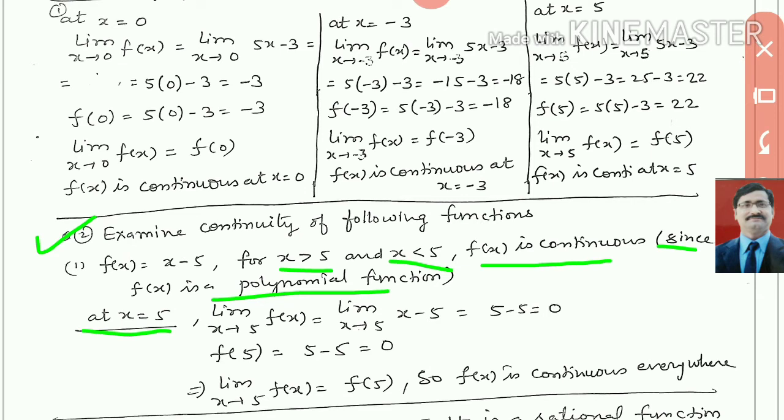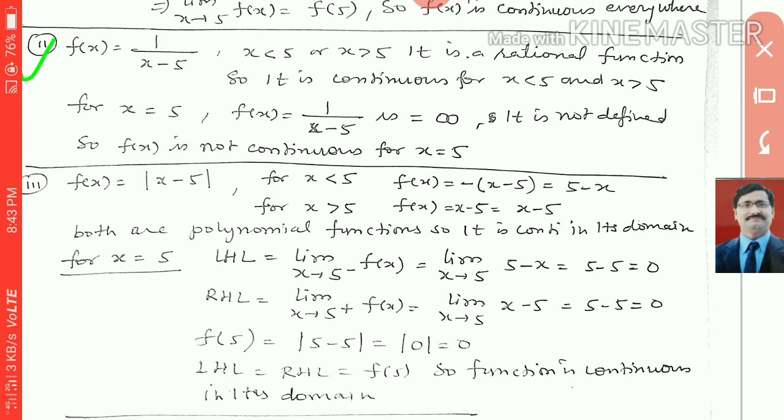Limit x tends to 5 of f(x) is x minus 5, and in place of x you put 5 minus 5, that is 0, and if you directly find f(5), then also you get 0. Means this limit is equal to f(5), so the function is continuous everywhere, or you can write that it's continuous in its domain.